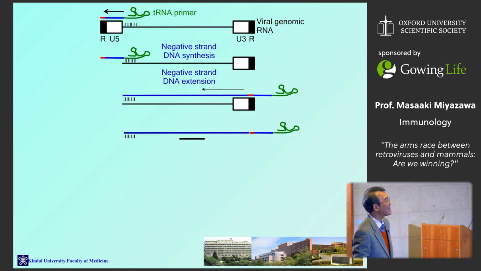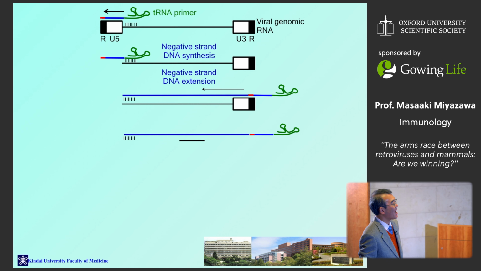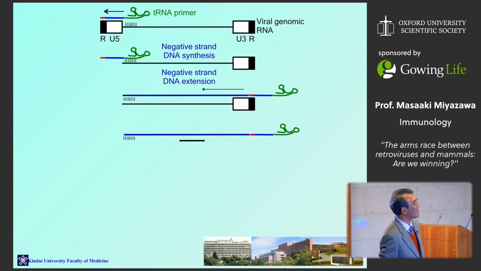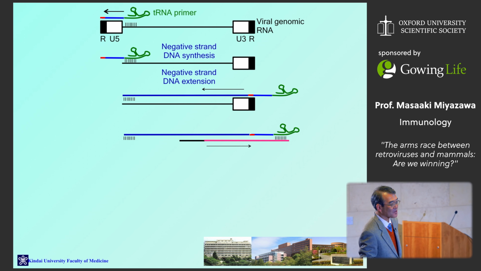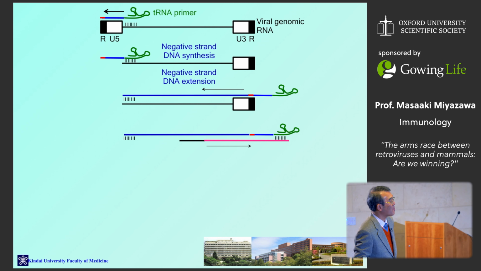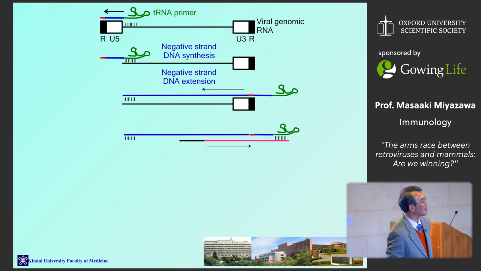And then after that, this RNA is chewed up, leaving only a small portion of the viral RNA as the second primer to produce the positive strand. This portion is called the polypurine tract because it contains a lot of purines.